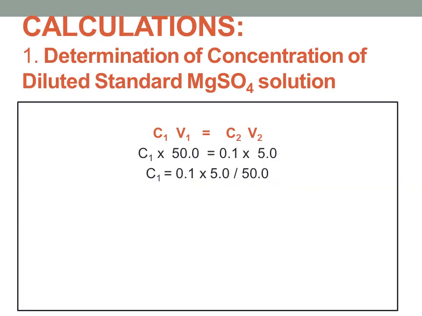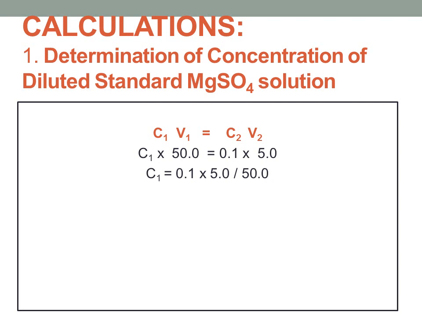Next, after observations, come to the calculations. The first step in calculation is determination of concentration of diluted standard magnesium sulfate solution. By taking a known volume of known strength stock magnesium sulfate standard solution, you have prepared your diluted standard magnesium sulfate solution.